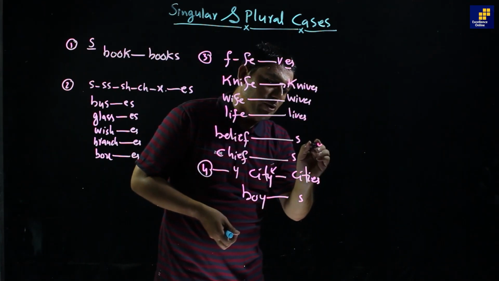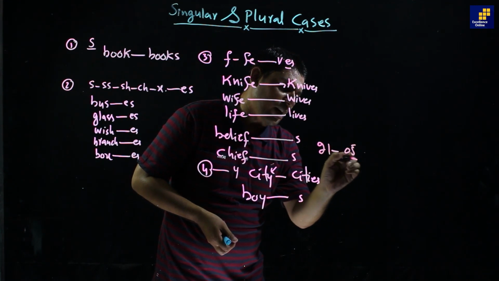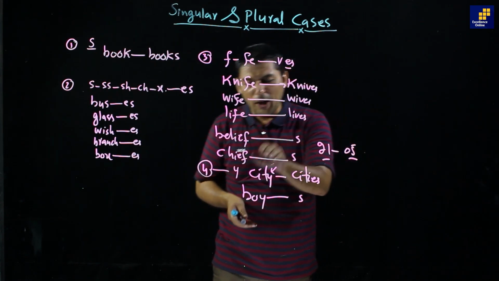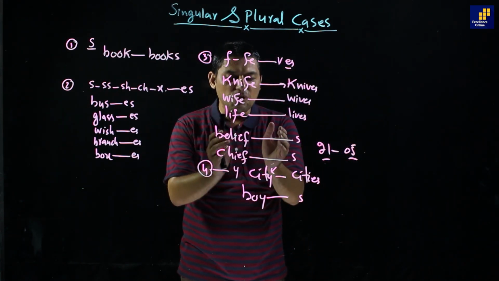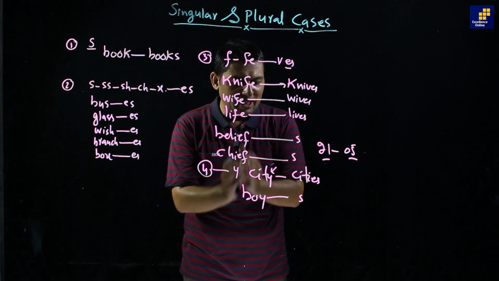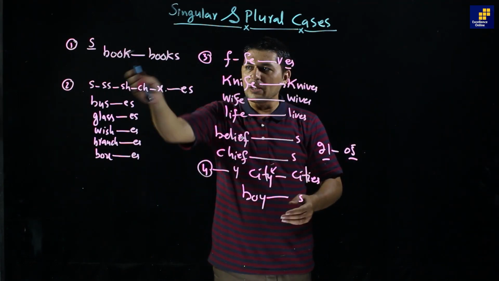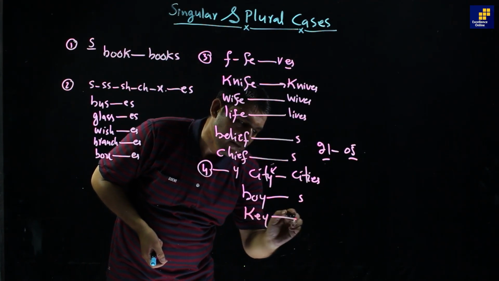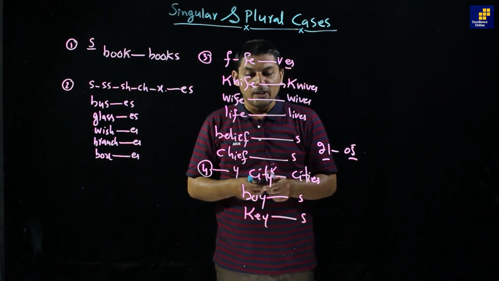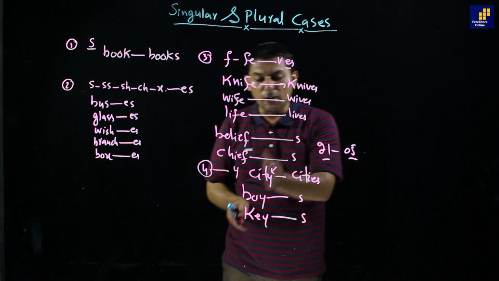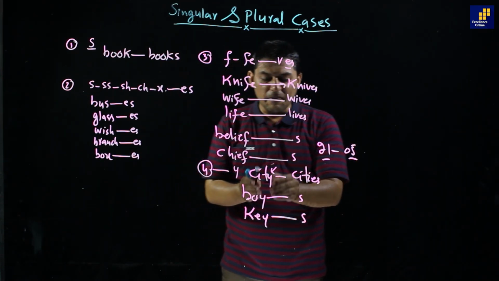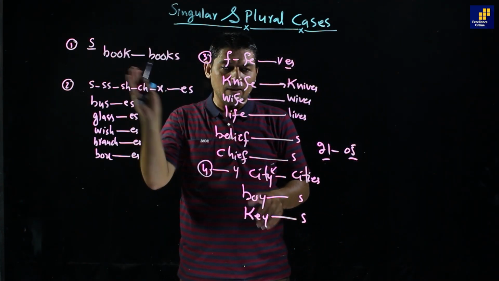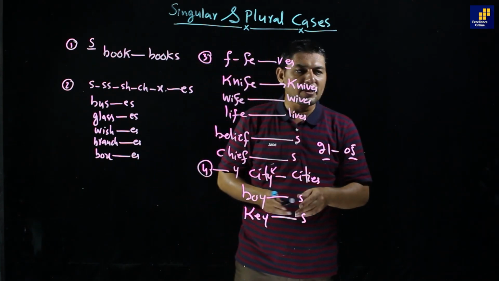Hopefully you are getting it: 21 are consonant letters and 5 are vowel letters. So we will not apply the formula of removing y and adding ies. We have the simple formula, rule number 1. Second example is key: again same formula. Before y we have the vowel letter e, so we cannot remove y and add ies. We have to apply the simple formula. So that was point number 4th. Hopefully you are getting this idea.